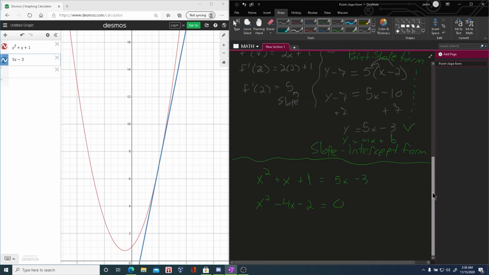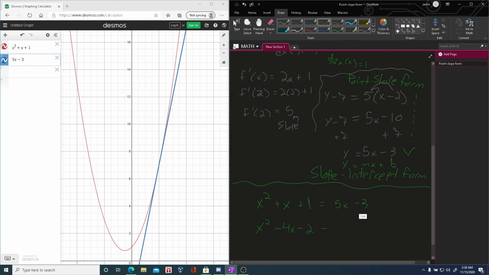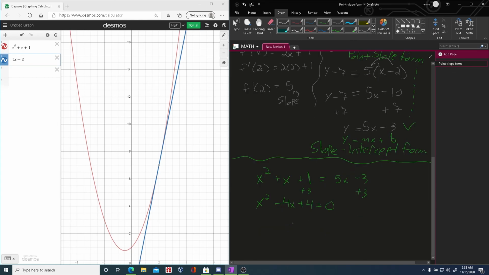And from here, you'd be adding the 3 to both sides, so it'd be plus 4. Okay, and that is set equal to 0.